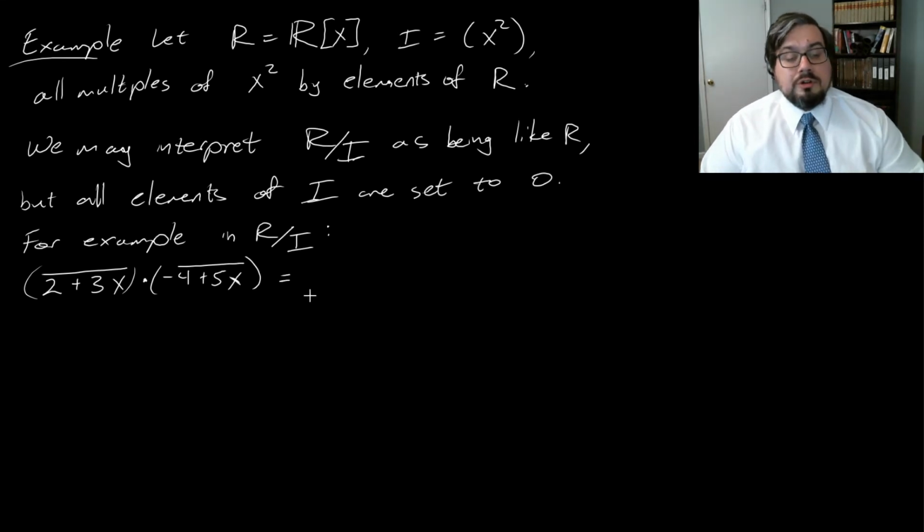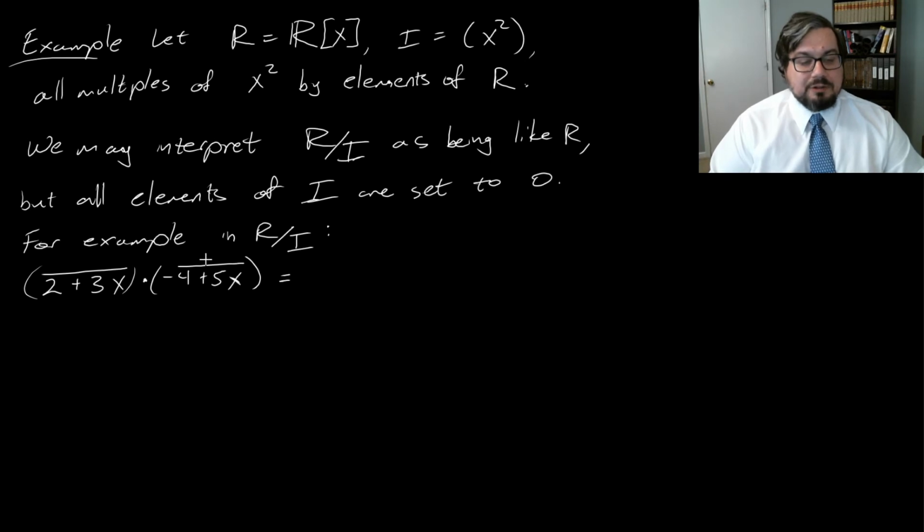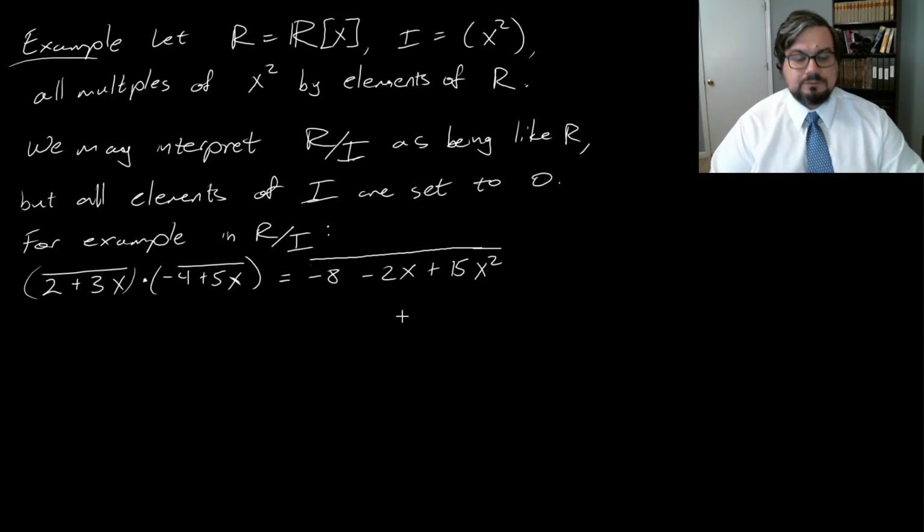Now, we just proved that this factoring works when you define the product of two things in the factoring as being the equivalence class of their product. So, to find the product in here, we can just take the product of the two representatives. If we take the product of the two representatives, we get negative 8 minus 2x plus 15x squared.